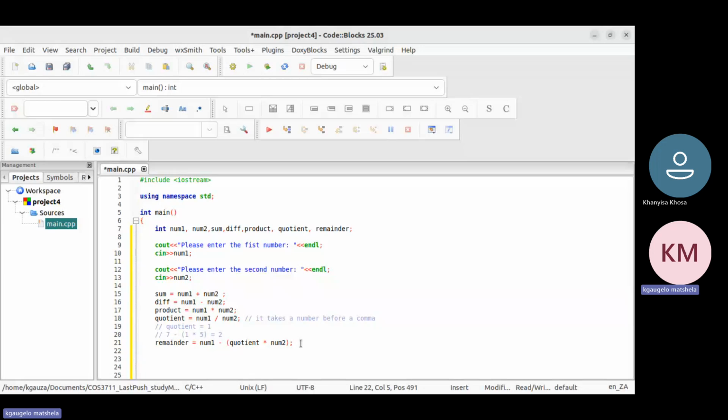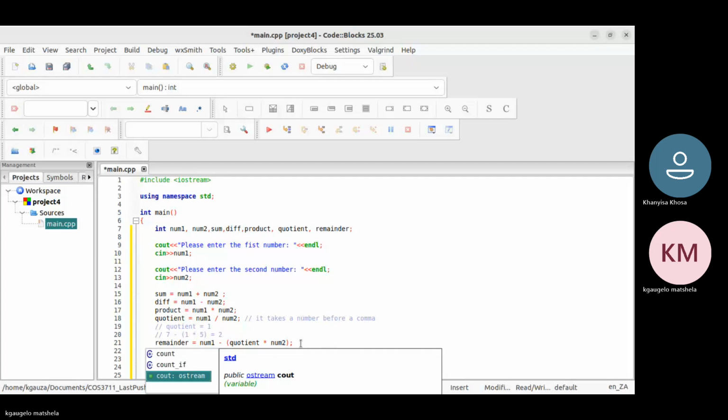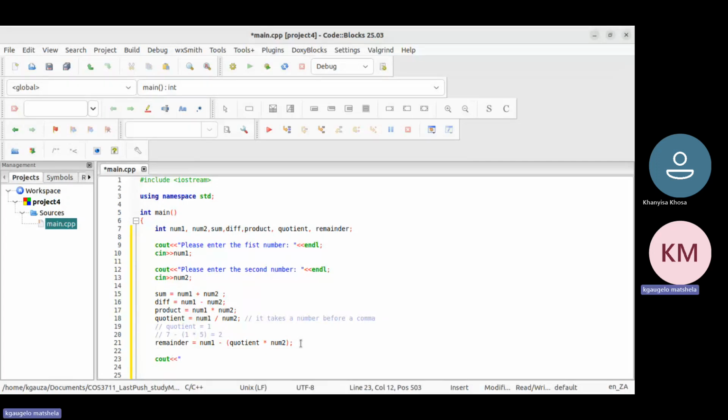From there, we can display those values, right? So we can say cout, then say add. This one is for the addition.